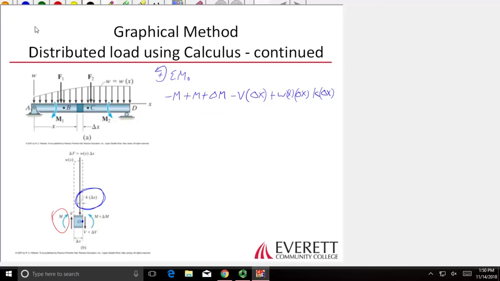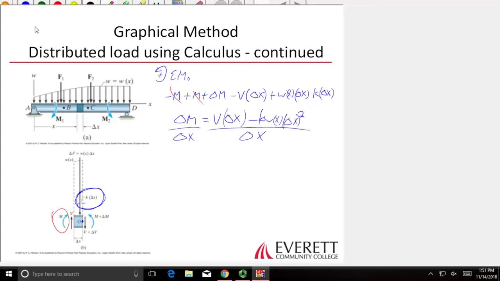Okay, so now we see that the m's cancel, and we get delta m equals, putting everything on the other side, which changes the sign, v delta x plus wx minus wx delta x k delta x. Or I'm just going to put k over here, delta x squared. Now I'm going to divide by delta x on both sides, just like I did before.